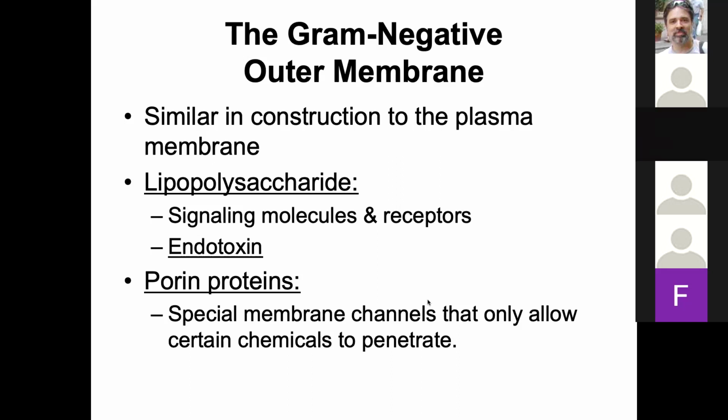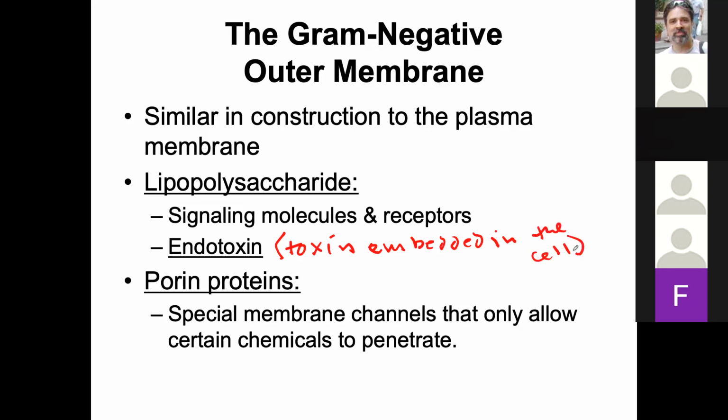Lipopolysaccharide is a feature of this layer, and can act both as a signaling molecule, but can also act as an endotoxin. Now you might say, well, what is an endotoxin? An endotoxin is a toxin embedded in the cell.